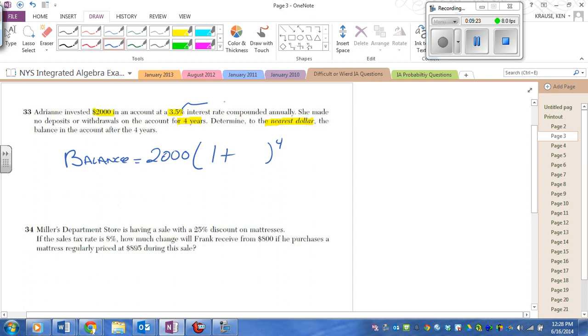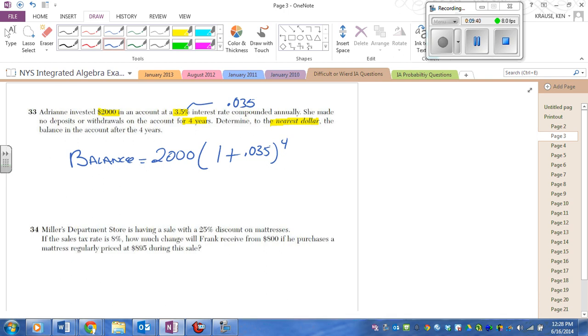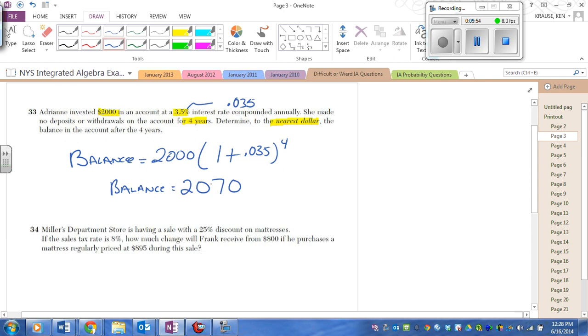Now this rate, 3% would be 0.03, but 3.5% would be 0.035. Anyway, I forgot the exponent.